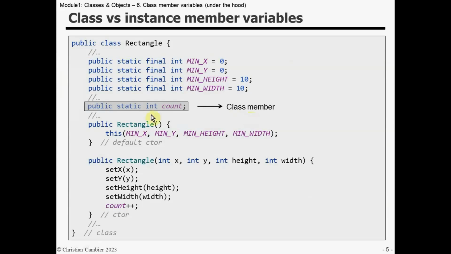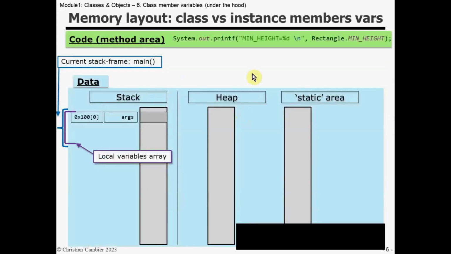Now let's remove the static and see what happens when we make it an instance member. The first line will be exactly the same, so printf rectangle min height. But what happens in memory is a bit different, because since count is not a class member anymore, it will not be allocated in this static area.